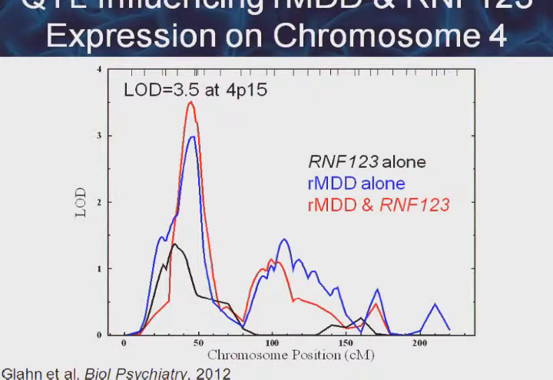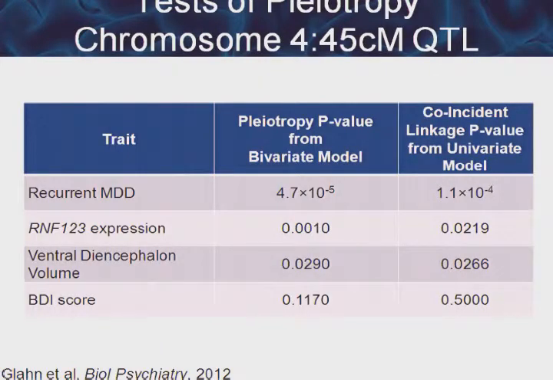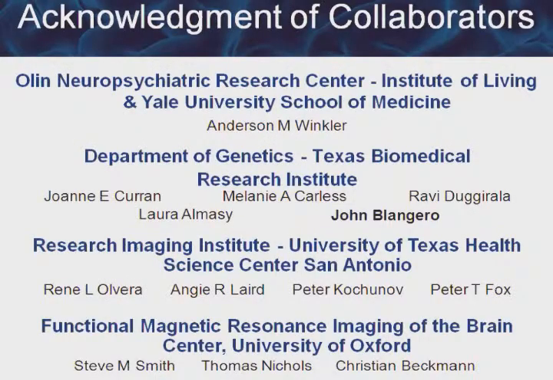So this approach gave us something, at least quasi something. Okay, that particular locus also explained variation in recurrent MDD, which was our general phenotype, the expression of RNF123, the volume of the ventral diencephalon, but not of the BDI score. Okay, thank you.